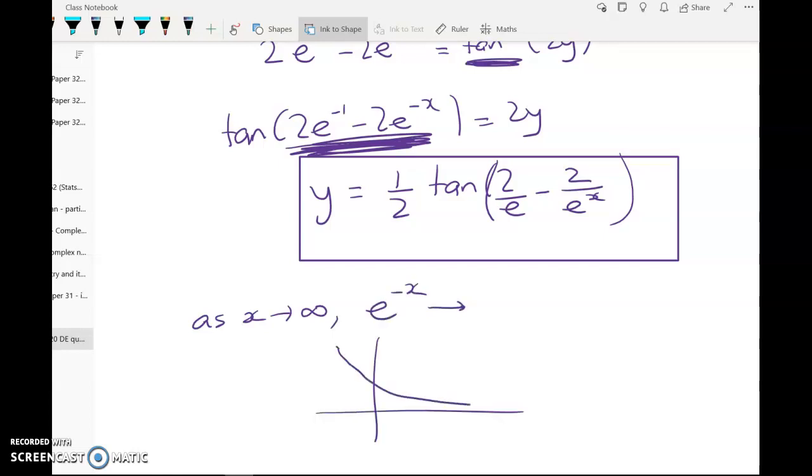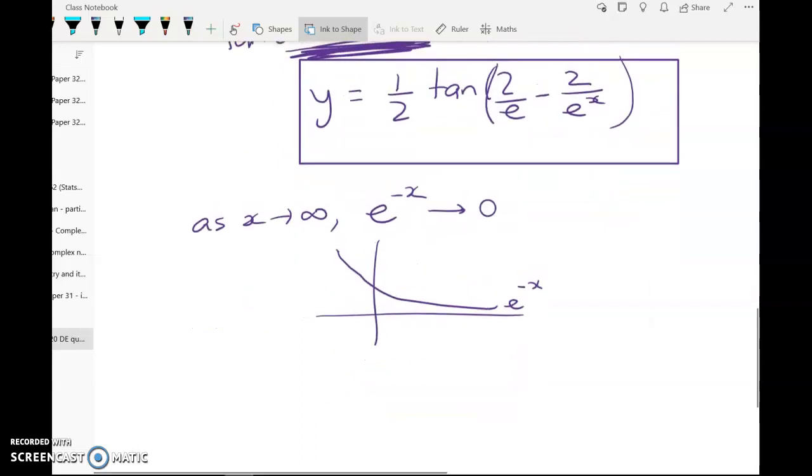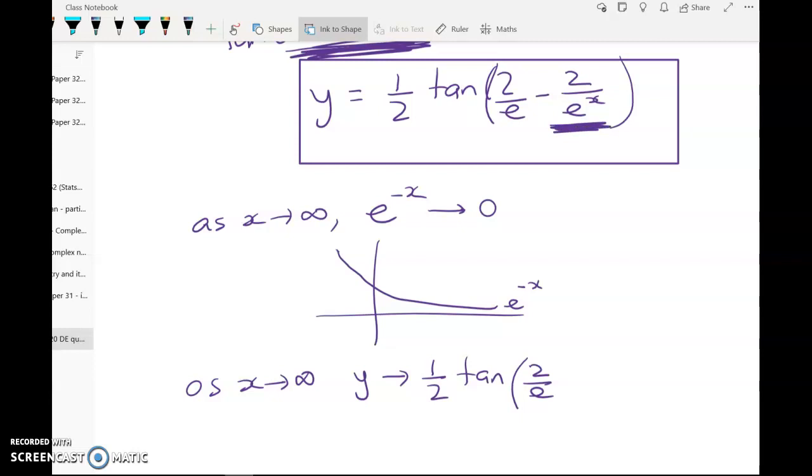Well, here's my graph of e to the negative x, and e to the negative x is going to go to 0. So that means that as x tends to infinity, y is going to tend towards 1/2 tan of 2e, because this bit here is going to tend to 0. And that's my final answer.